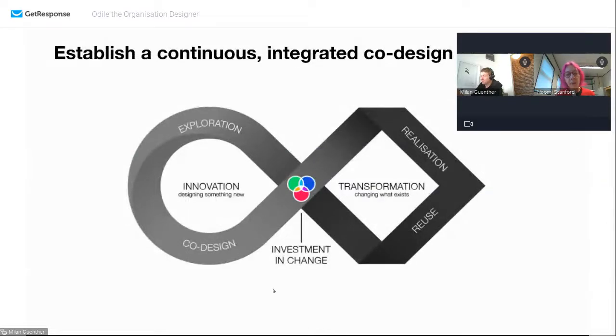This design process, you need a governance structure, and she established this for the Sleeper app that is continuous, that takes you through the exploration, the co-design, the realization. In this graphic, the word reuse is similar to optimize.